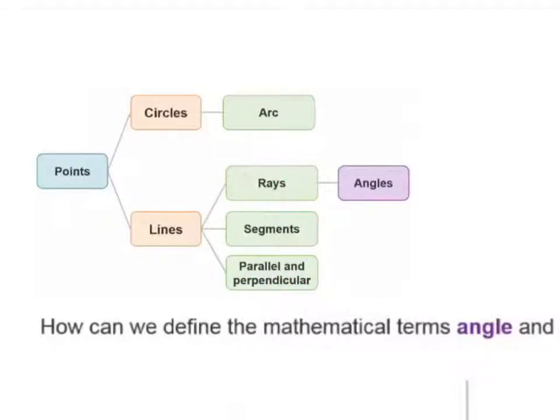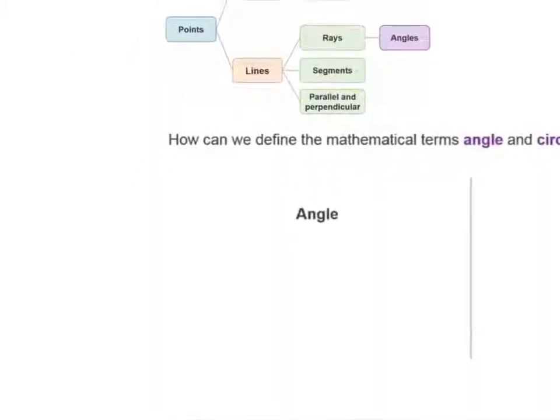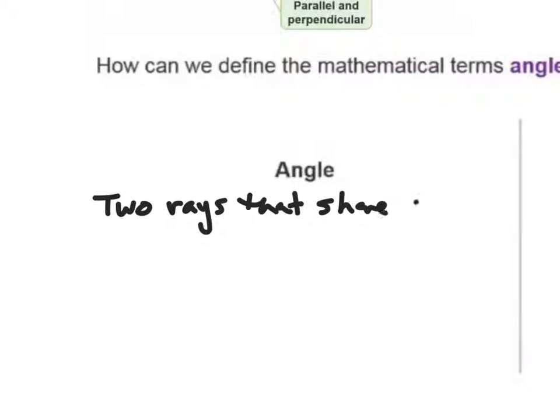But if we use the term rays, then we get this thing called an angle. And how we define the mathematical term of angle is two rays that share a common endpoint.